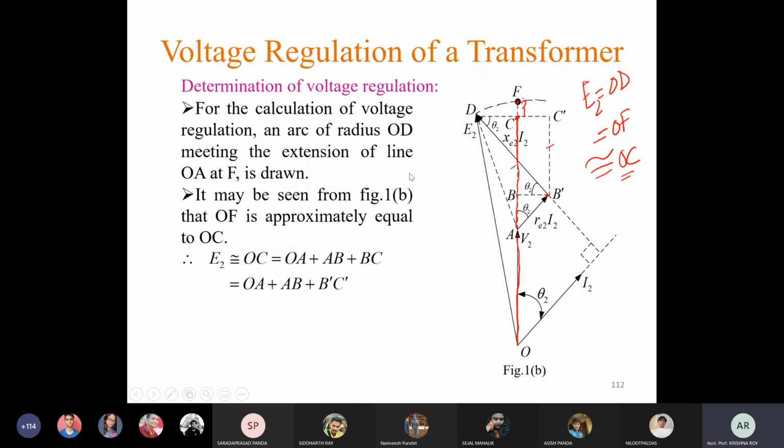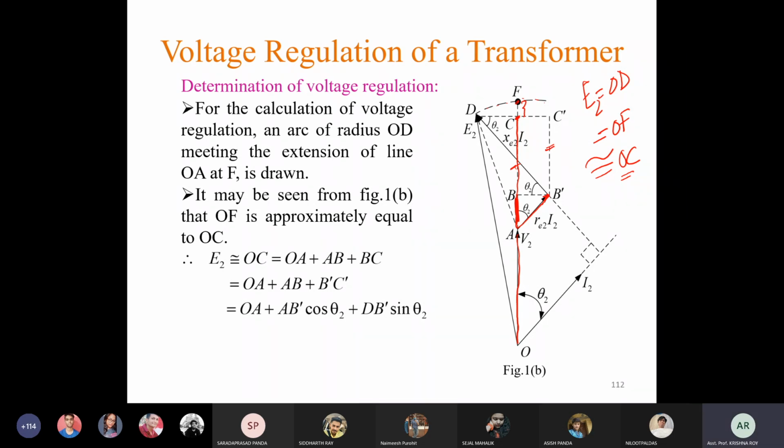Now this BC is equal to B dashed C dashed. This length and this length are equal, so we can write E2 is equal to OA plus AB plus B dashed C dashed. Now OA remains the same. Now this length AB, what is it?